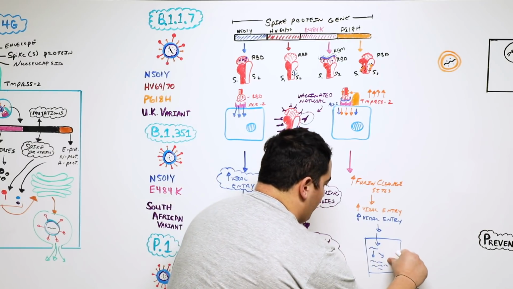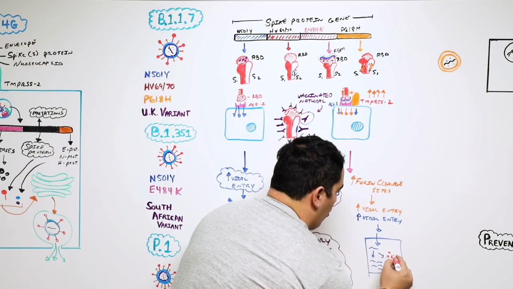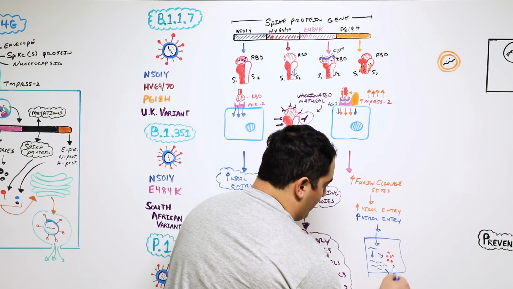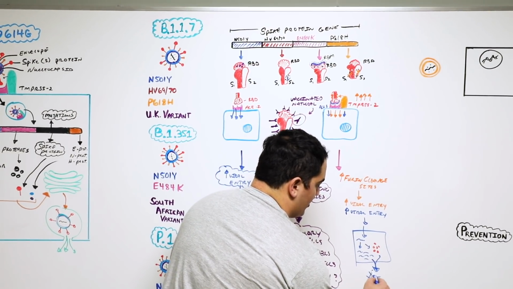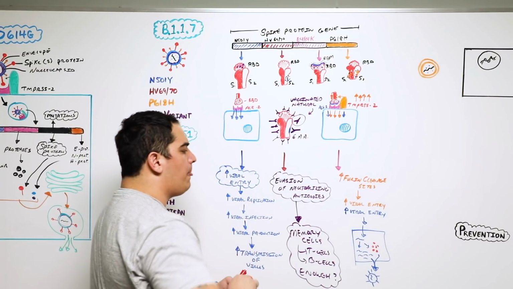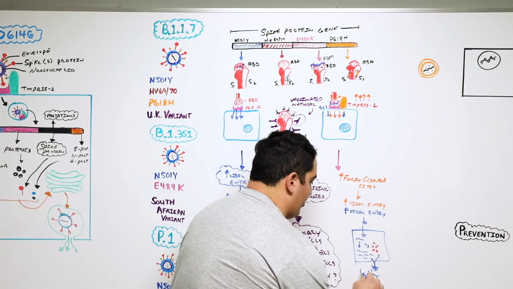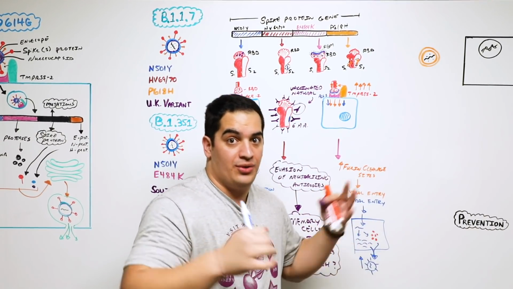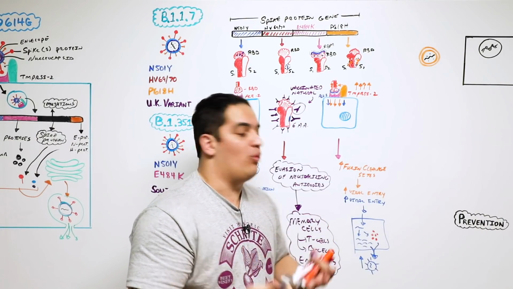You're going to make more S proteins. If you make more S proteins and more RNA, and you combine both of these together, what are you going to do? You're going to make more viruses. We'll just represent it like this, okay? If you make more and more and more viruses, guess what that's going to do? That's going to infect more cells, cause damage to more tissue cells, and increase the viral load within the individual, which can do what?